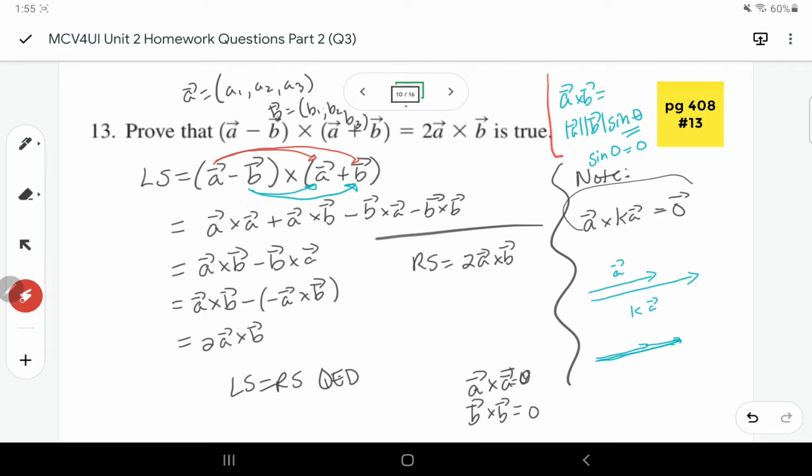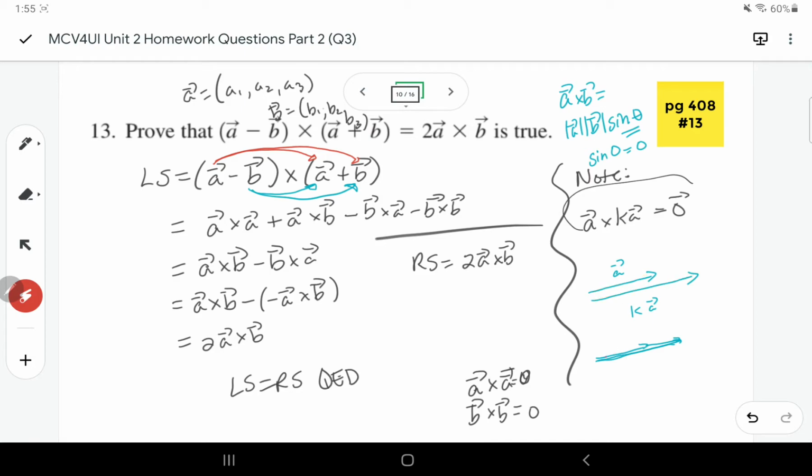Probably the easiest to see is this definition in terms of magnitude, sine theta. We know that if the vectors are collinear, the sine of the angle between them, theta, is 0, and sine 0 is 0.